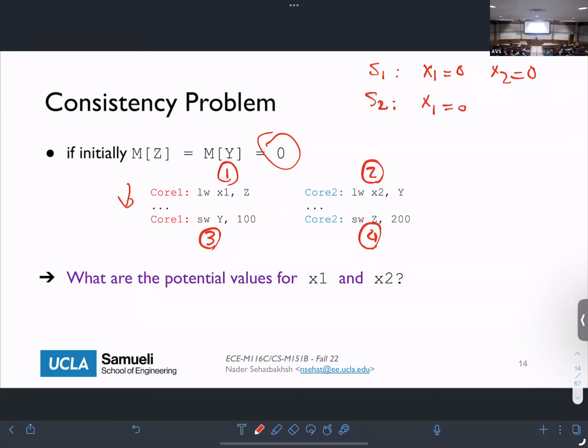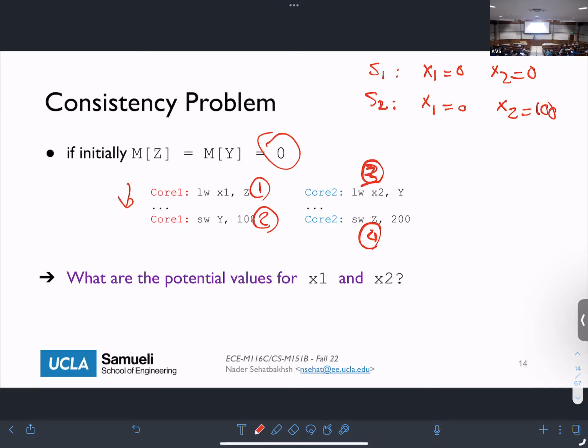If core 1 is slower, then you do core 2. So you do 1, 2, 3, 4.